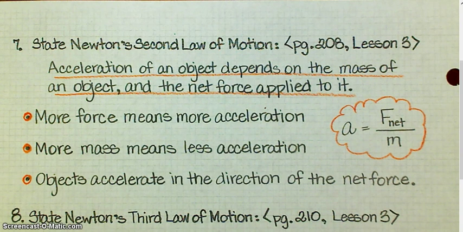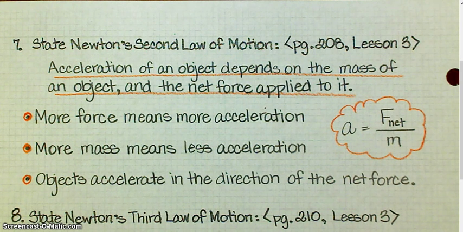Okay, so I've written down a statement for Newton's second law. Acceleration of an object depends on the mass of an object and the net force applied to it. Y'all know intuitively, meaning y'all know just based on common sense, that more force is going to give you more acceleration.